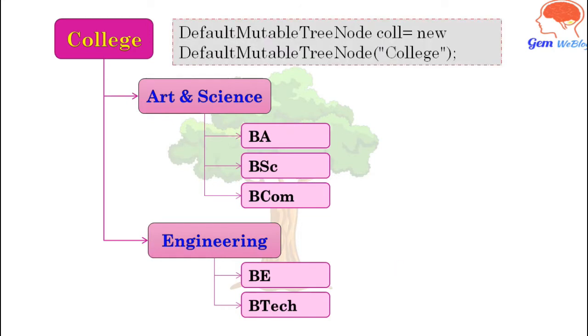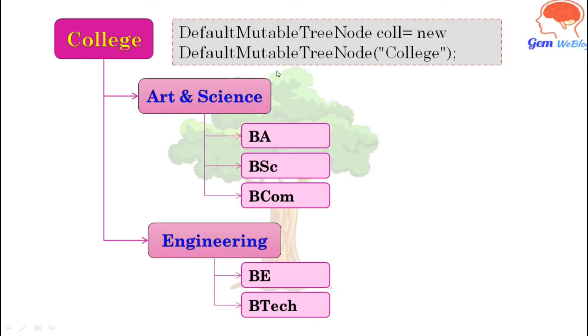In order to create a node, this is the syntax. The DefaultMutableTreeNode class is used. We create the object for this class equal to new DefaultMutableTreeNode, which receives an argument. The argument is the same as what we are going to create.